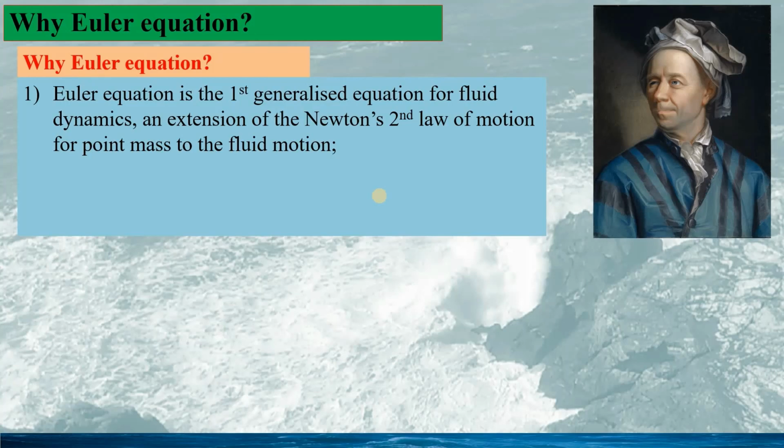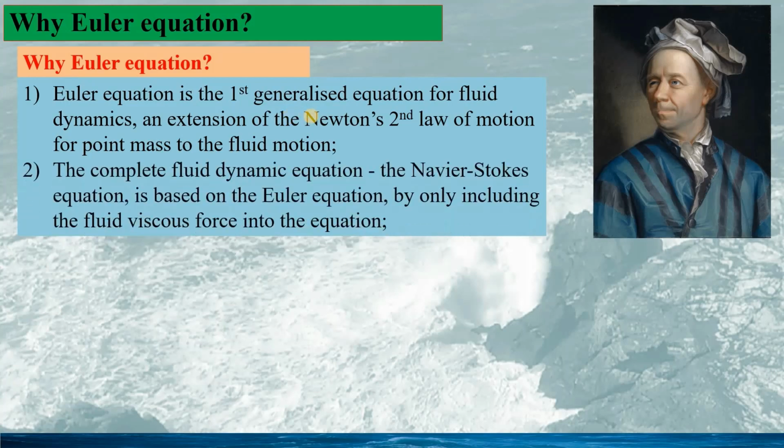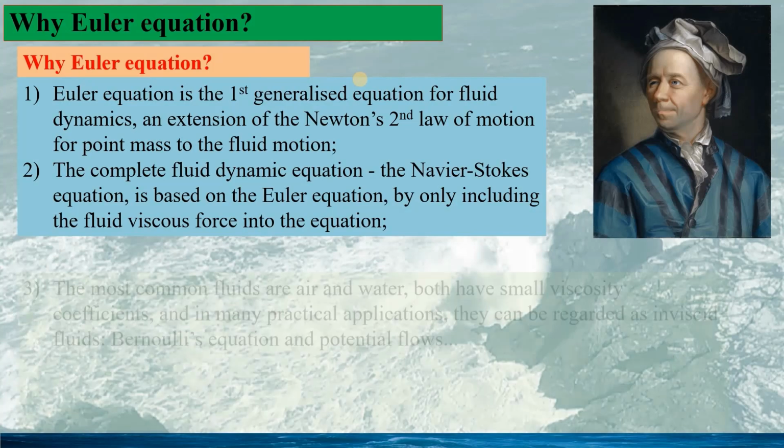This is an extension of the Newton's second law of motion for point mass to the fluid motion. And the complete fluid dynamic equation, the Navier-Stokes equation, is based on the Euler equation, but only include the fluid viscous force in the equation.